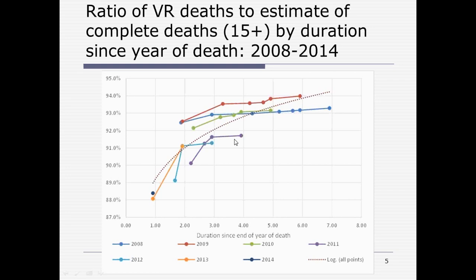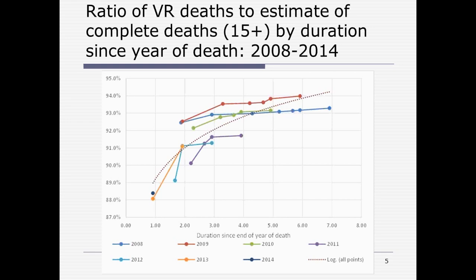So looking at that, you'll see for the earlier years that you have a plateauing at around 93-94%, the completeness of your vital registration against whatever that estimate of the true number is.